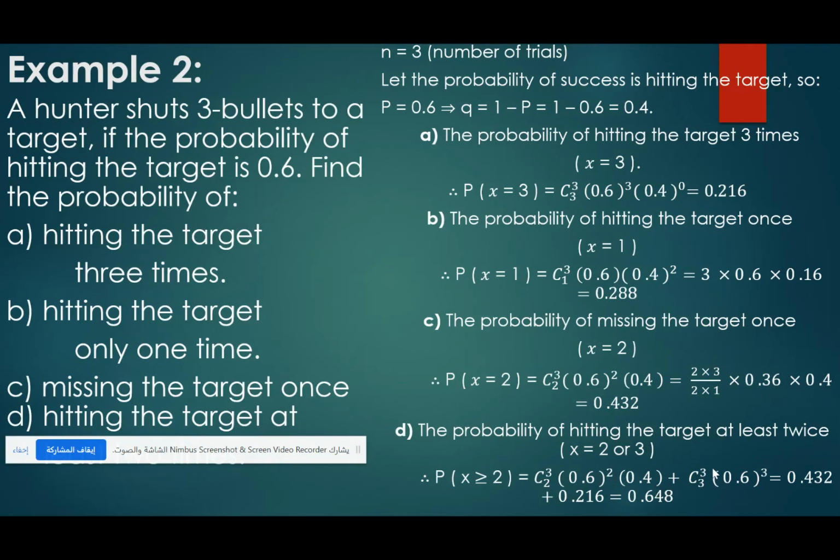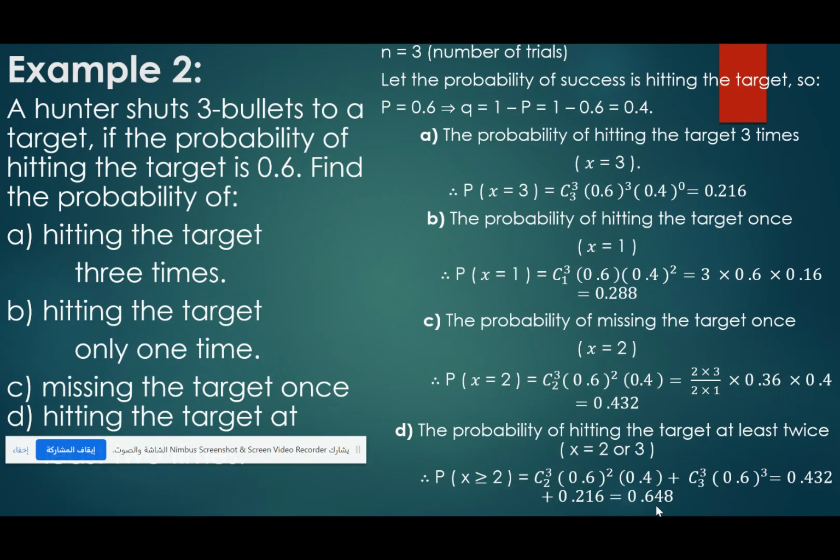Plus, you will get 3 combination 3, 0.6 to the power of 3, and then evaluate each. You will get 0.432 plus 0.216. Add them, you will get 0.648. Remember, your answer should be smaller than 1, bigger than 0.